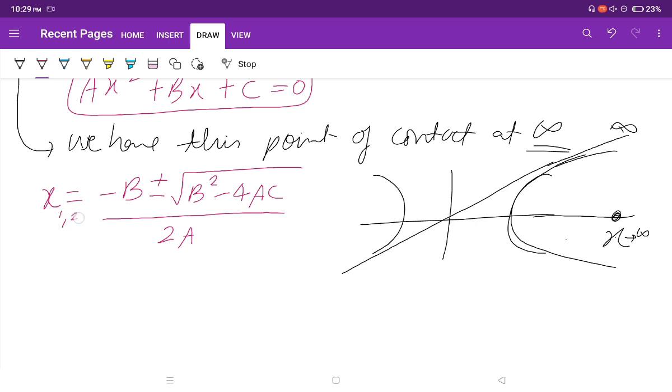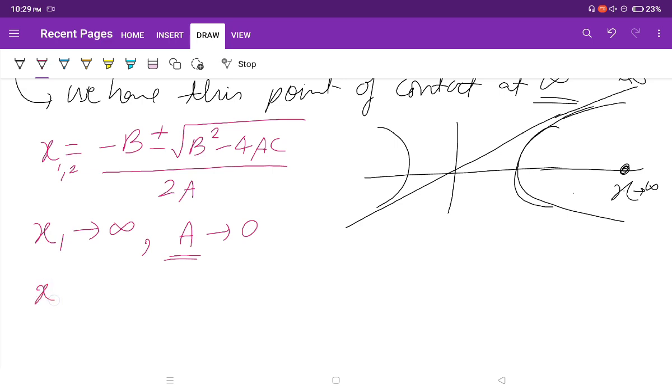So for x1 to approach infinity, we have a approaching 0, correct? That is the coefficient of x square. And for x2 to be infinity, we have to consider x1 to be some fixed value.